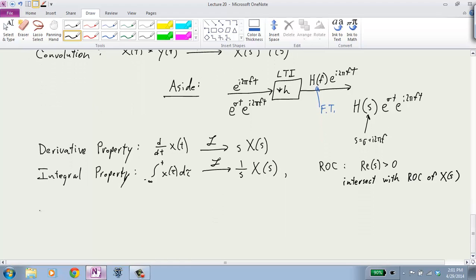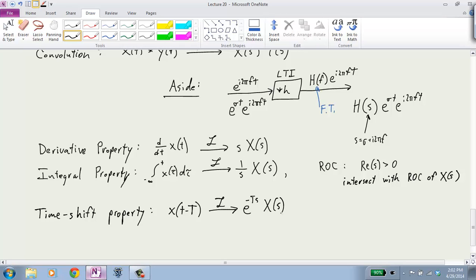Now we could have a time shift property. So we'll go ahead and do that here. And that is that x of t minus cap T. I'm just going to use cap T. The Laplace transform of this, again, from our Fourier transform memory, we can probably guess that it is just e to the minus Ts x of s.